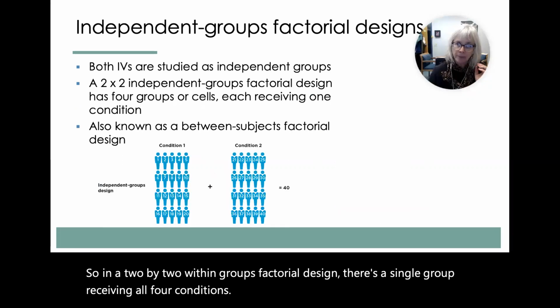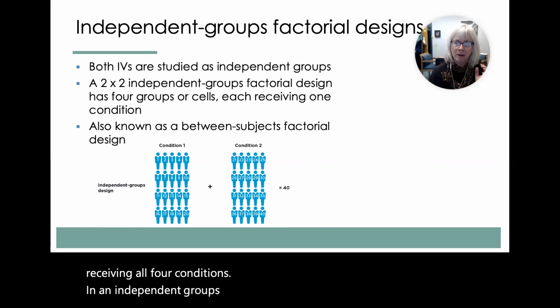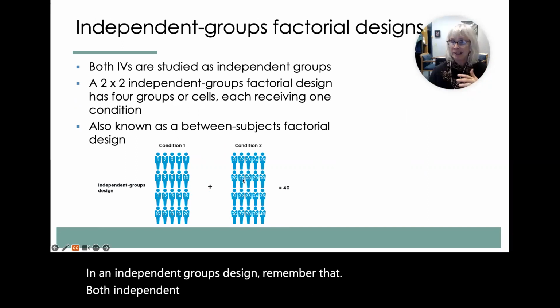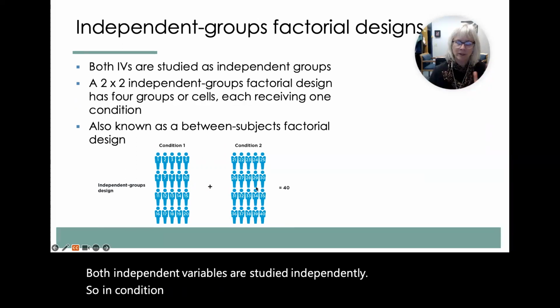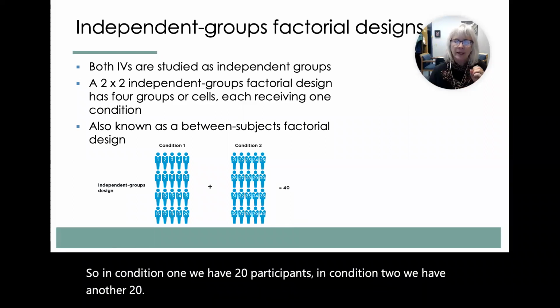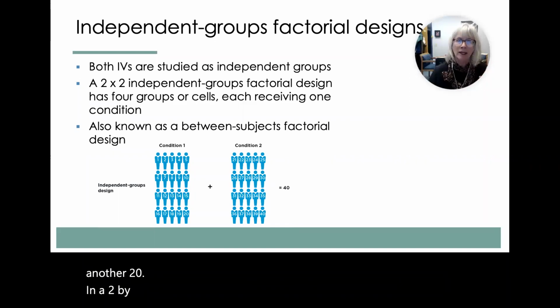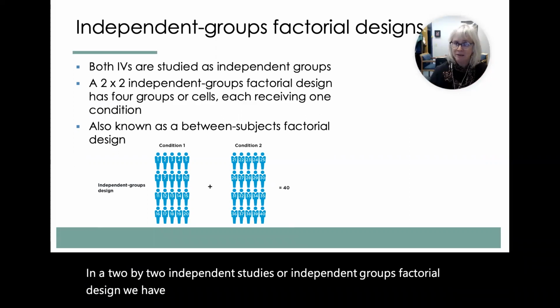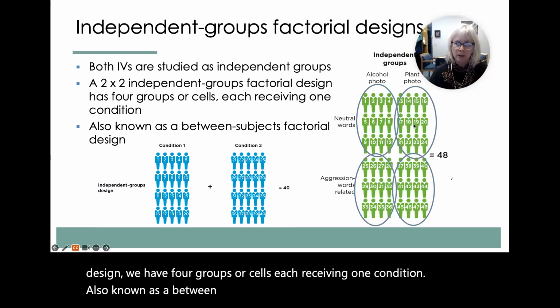In an independent groups design, remember that both independent variables are studied independently. So in condition 1, we have 20 participants. In condition 2, we have another 20. In a 2x2 independent groups factorial design, we have 4 groups or cells, each receiving 1 condition, also known as a between groups factorial.